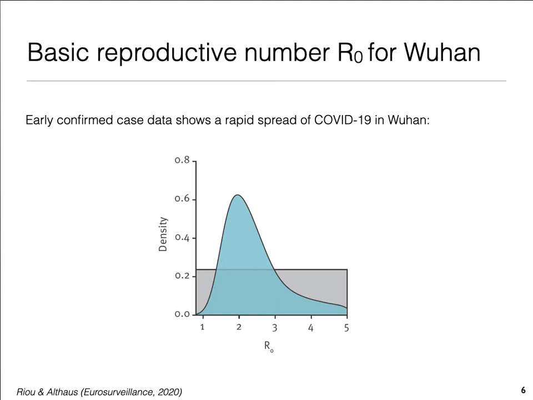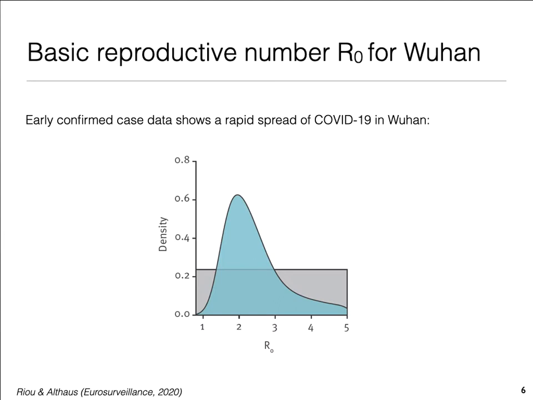If first you have 10 confirmed cases and in the next generation 20 confirmed cases, then 40, then 80, we would double with every generation. That would mean an R0 of 2. And indeed they estimate that the R0 was around 2, however with a rather large uncertainty.